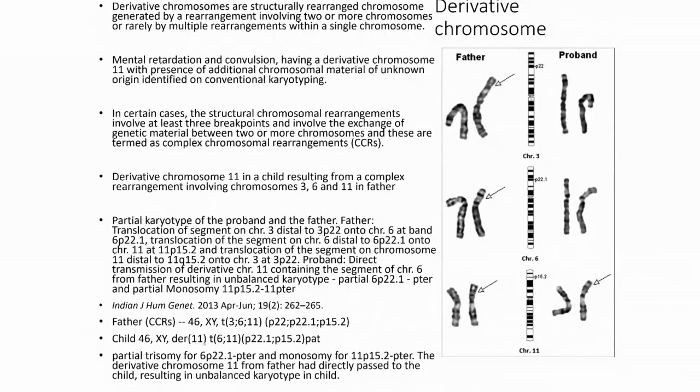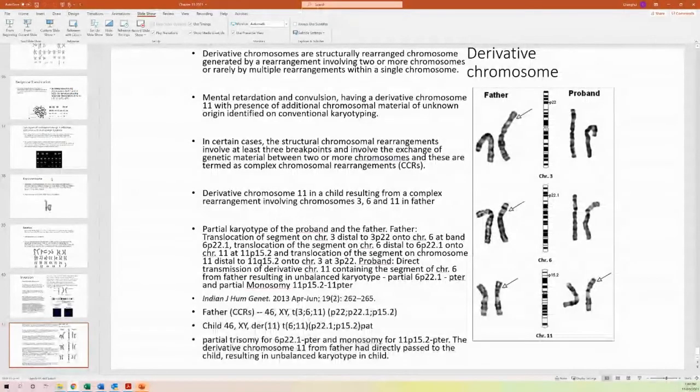All right, derivative 11, translocation between 6 and 11, p22.1 and p15.2. Okay. All right, so that's it for chapter 13. Any questions?